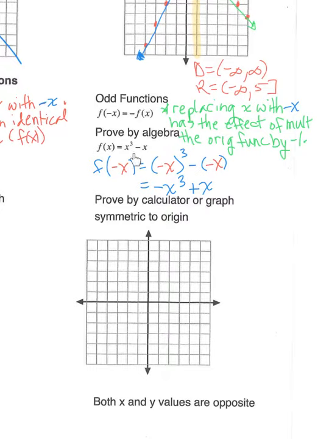So notice our result. The x cubed changed to a negative x cubed, and the negative x changed to a positive x. Every sign here changed to its opposite sign here. Therefore, you have an odd function. If only this sign changed and this sign remained the same, then you would have neither. So it doesn't have to fall into the even or odd category. It could be neither.